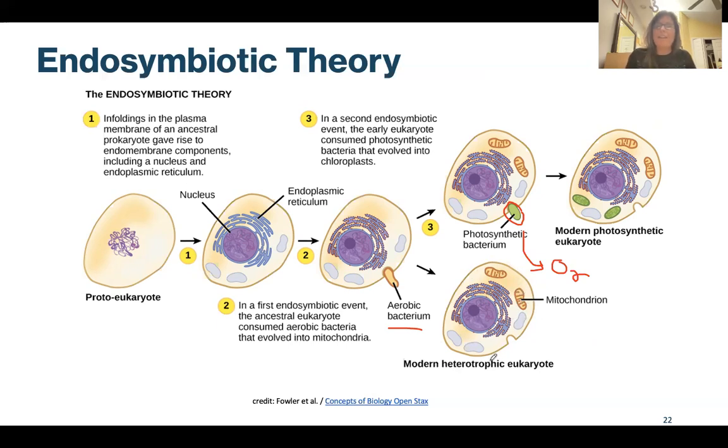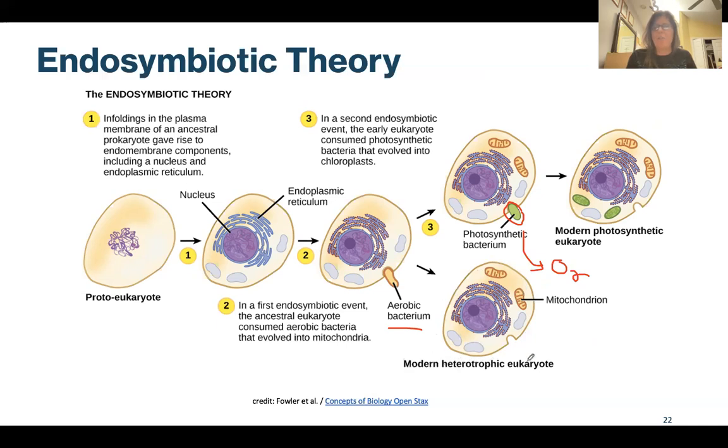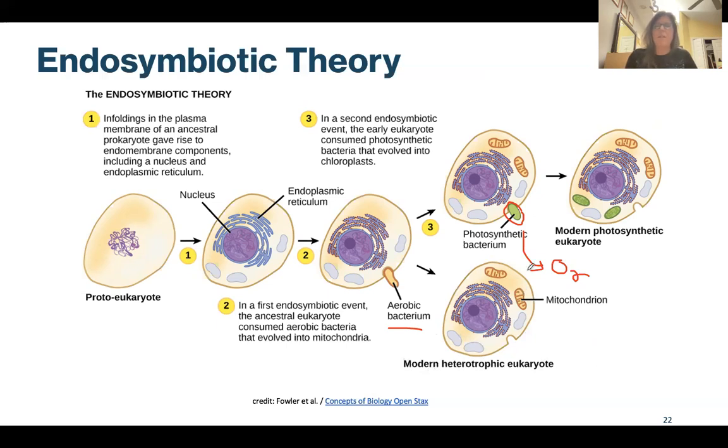This group was very successful with forming this symbiotic relationship with what we now call the mitochondria, or mitochondrion is singular. These are our modern heterotrophic eukaryotes. Remember, heterotrophic means organisms that eat other organisms. So these are most of our, we can say, all animal cells, fungi cells, most of the protists.